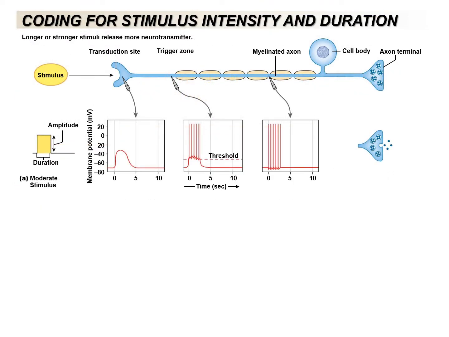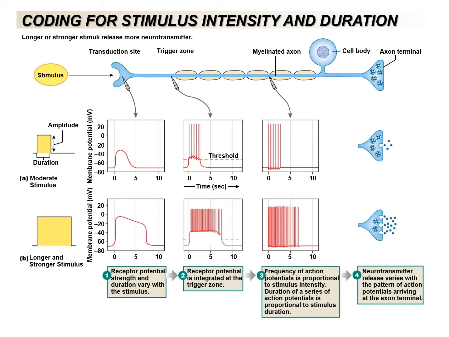So let's look at this from pictures in your book that I've sort of brought together. So we have a modest signal here. By the time it hits the trigger zone, we get a good pattern of action potentials. It should start to kind of get wider as that falls off, and we get a response. Get a stronger situation, okay, stronger square wave. You can begin to see that adaptation.